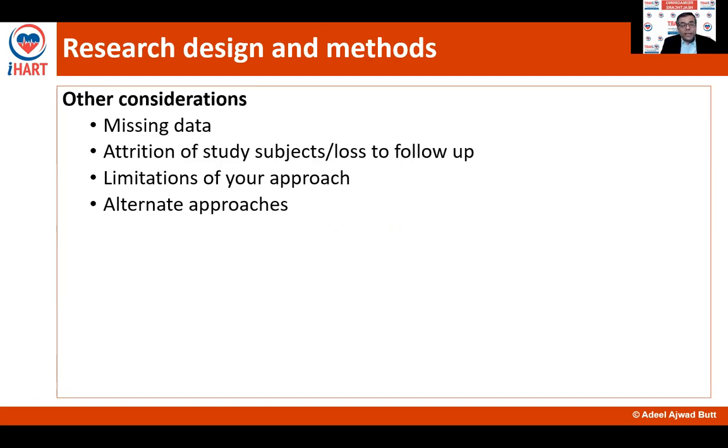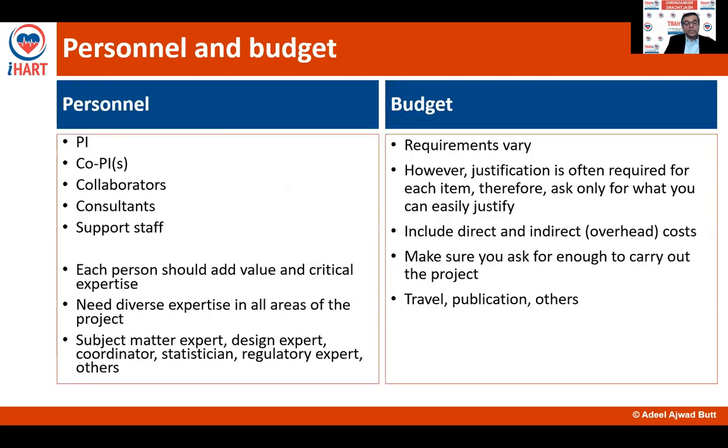There is always a risk of attrition of study subjects who are lost to follow-up. You may experience unexpected outcomes and limitations of your approach may limit the validity or the conduct of the study. And you have to think of these things up front and propose some alternate approaches even before you start your studies.